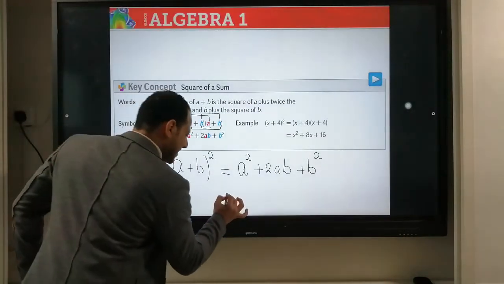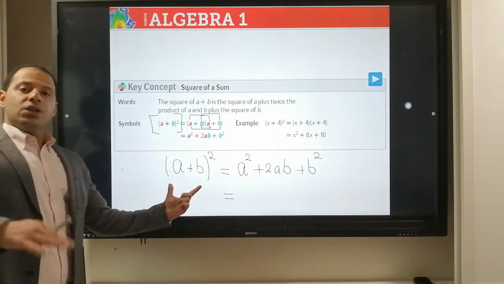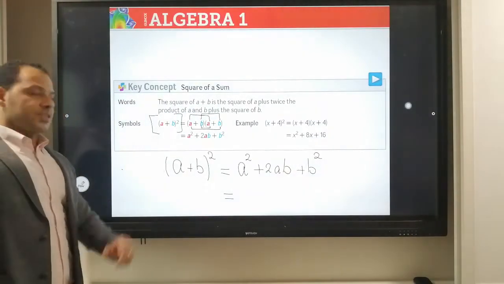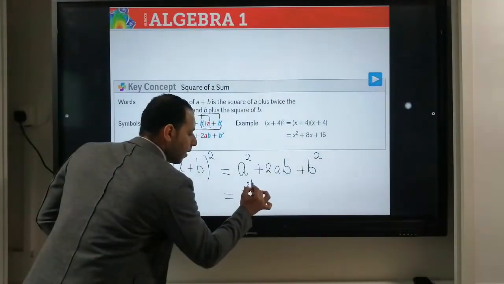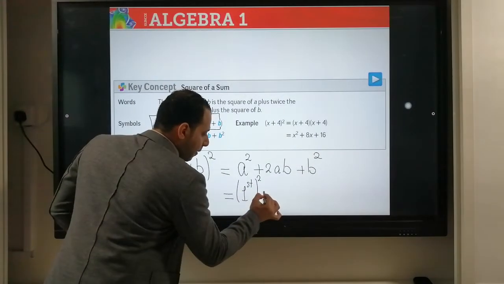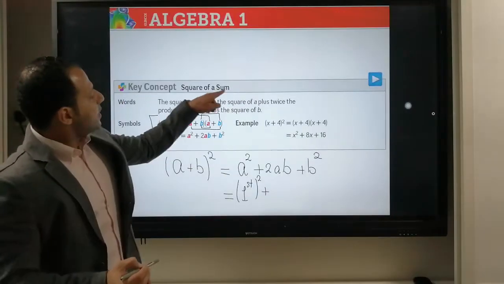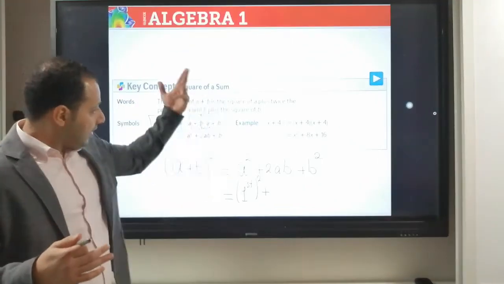So the rule says that if I have a perfect square like this, I need to expand it. I make the first square, then plus in the case of the sum, and minus in the case of the difference, where we have negative.